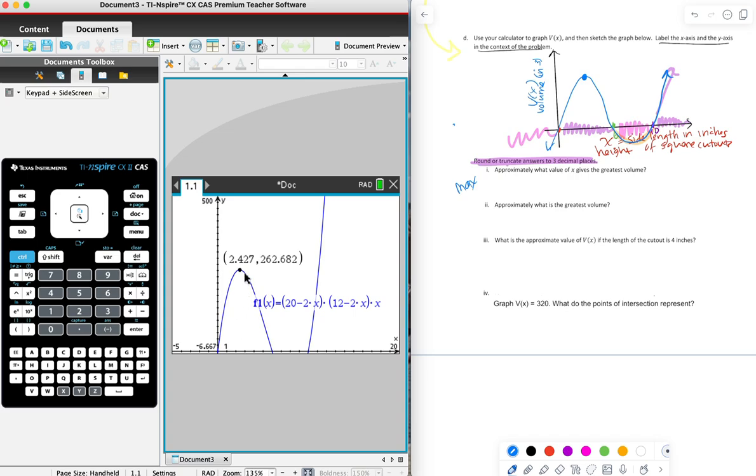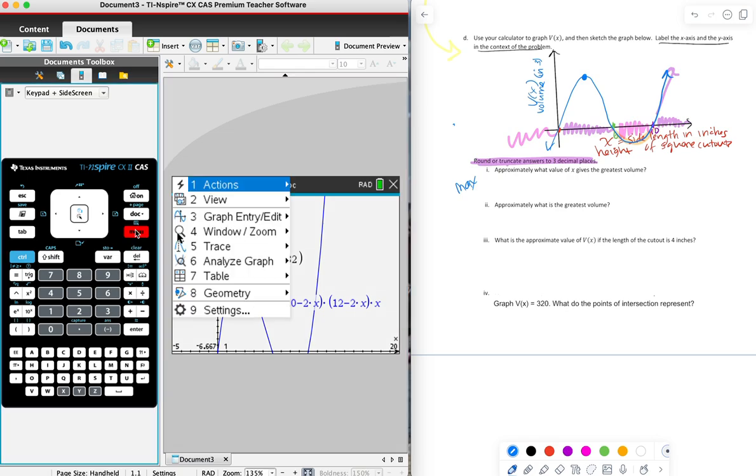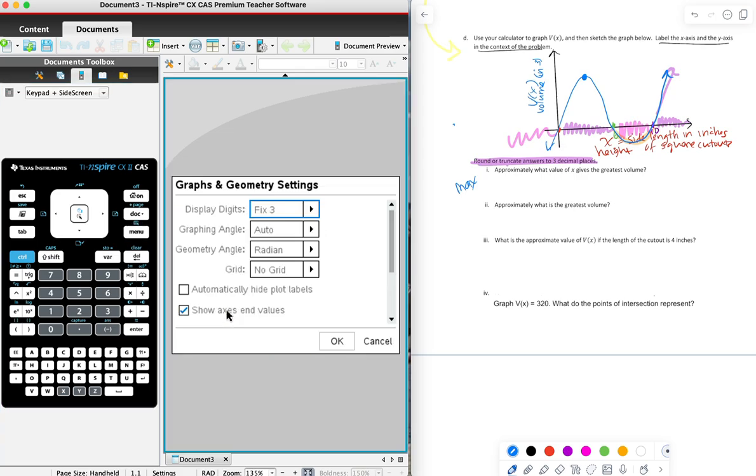Some of you may not have 3 decimal places. I set my calculator up to have 3 decimal places, but I noticed some of you, when you turned in your papers, didn't. That's an issue you're going to have to take care of when you're working on a test. How do you change this to 3 decimal places? Within the graph, go to your menu, then Settings down here, and then Fix 3.